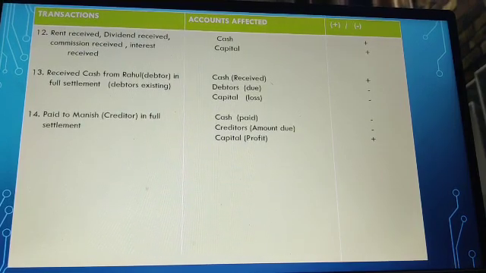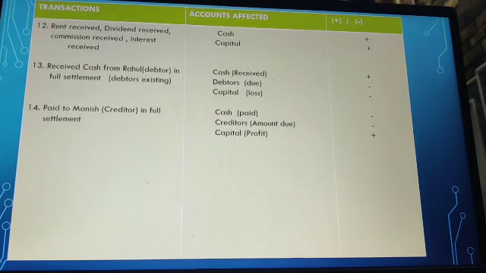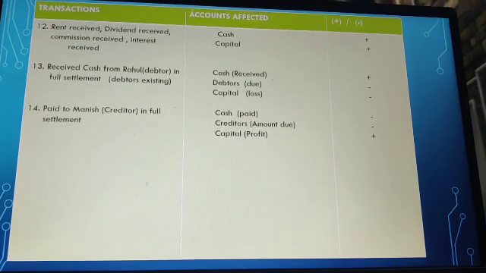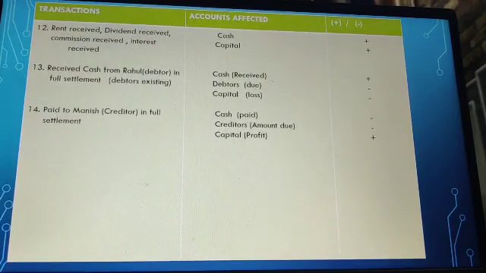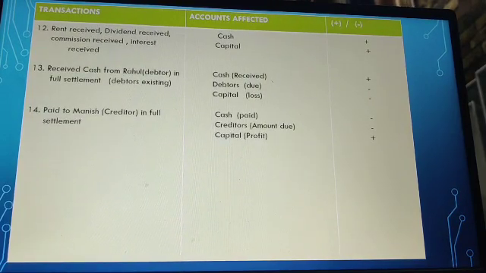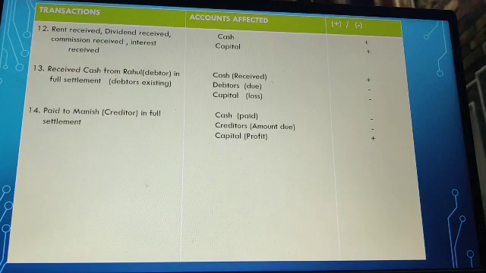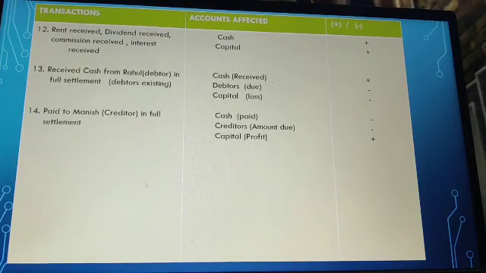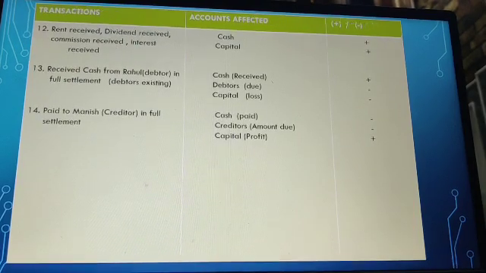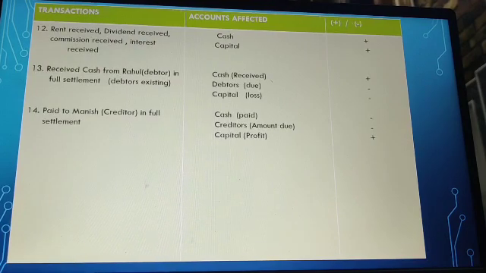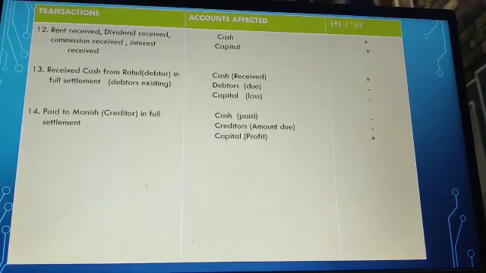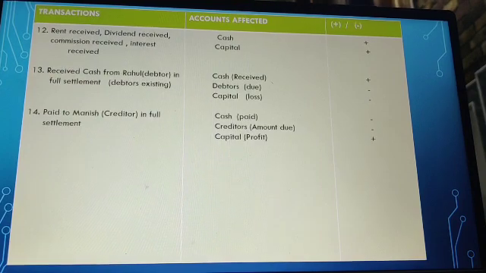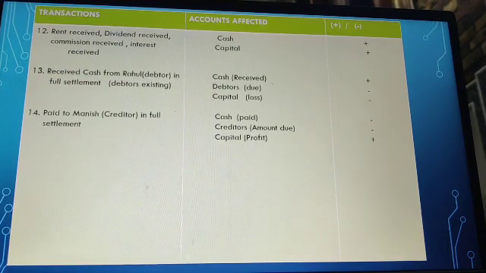Now, next comes: received cash from Rahul, who is a debtor, in full settlement. Now, what do we mean by the words full settlement, students? We have to understand this. Firstly, see the accounts affected, then we are going to discuss the transactions in the corresponding questions in the upcoming slides. So whatever cash you receive from Rahul, you are going to add that.